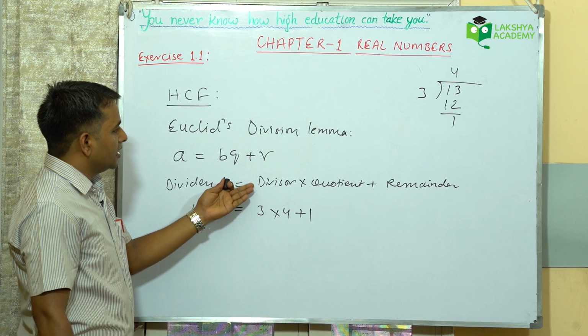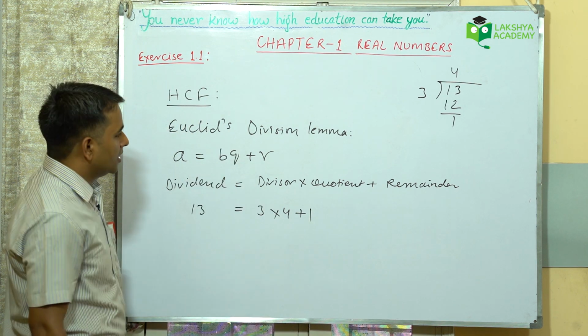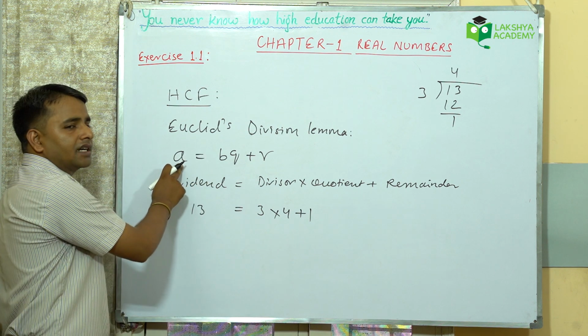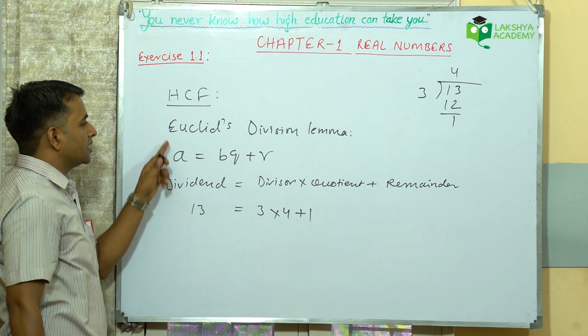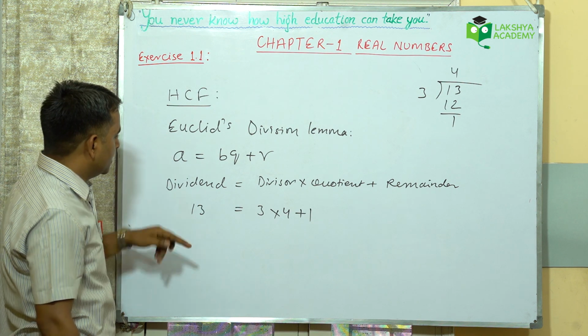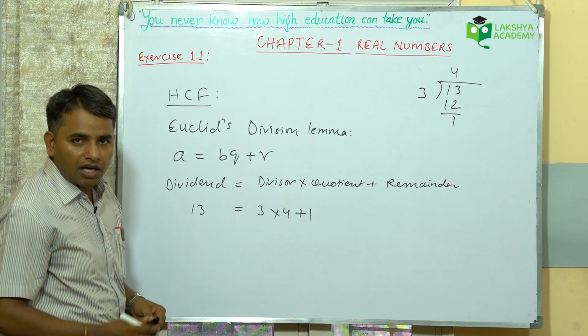So this is the simple division algorithm. In the same form, we have just generalized this division algorithm and given it a name, Euclid's division lemma: a = bq + r.